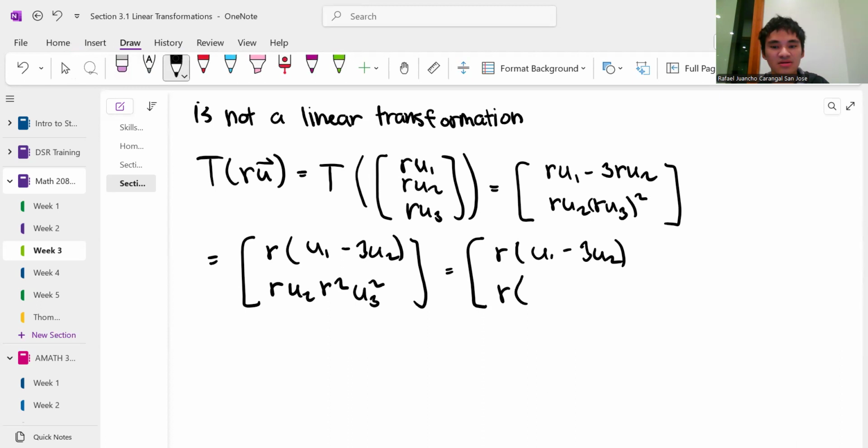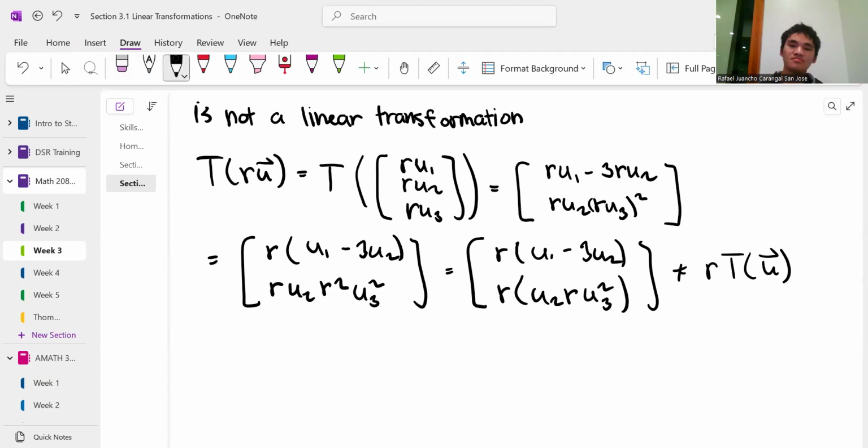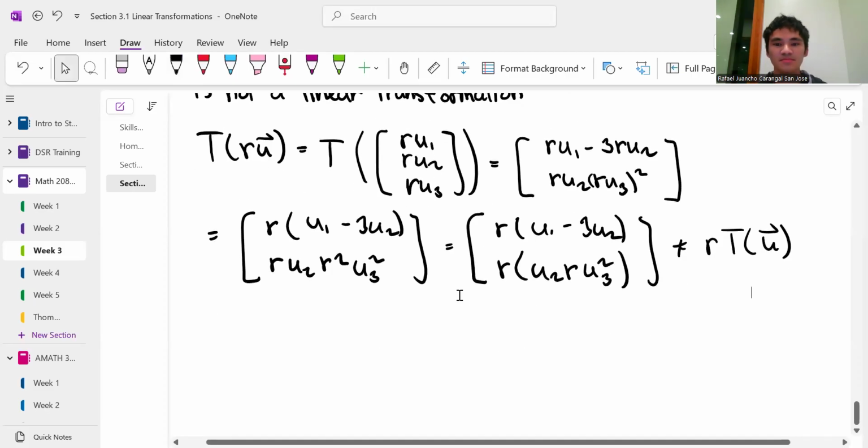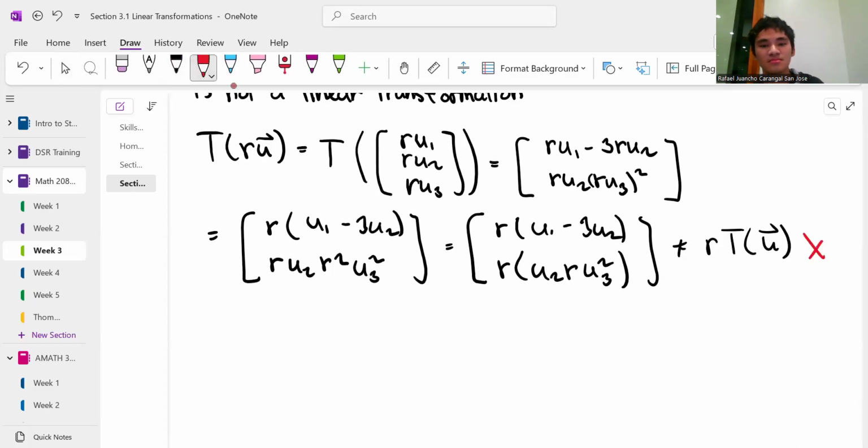If I factor out an r here, I would get u2 r squared. So it's not the same, right? We can see it. This thing is not the same as this, so it's not a linear transformation.